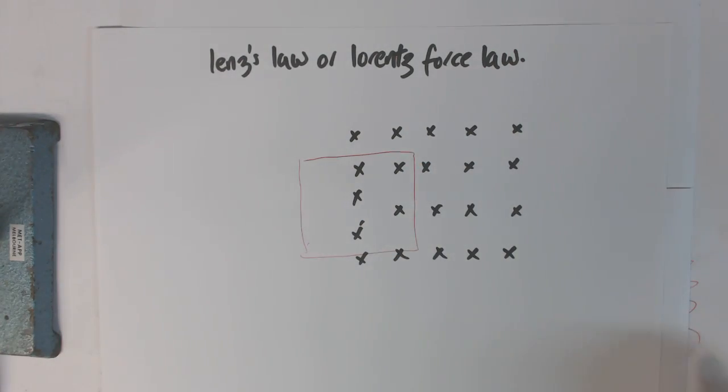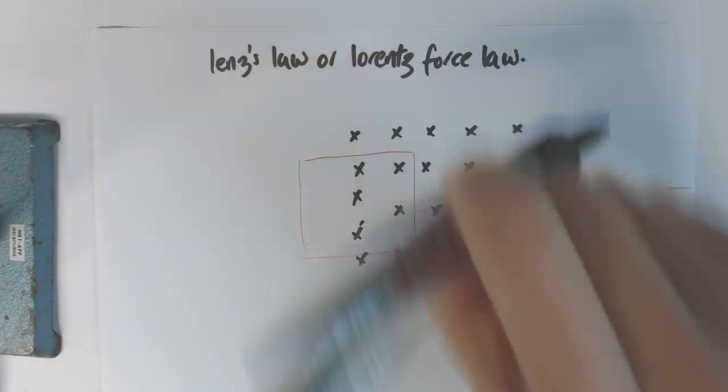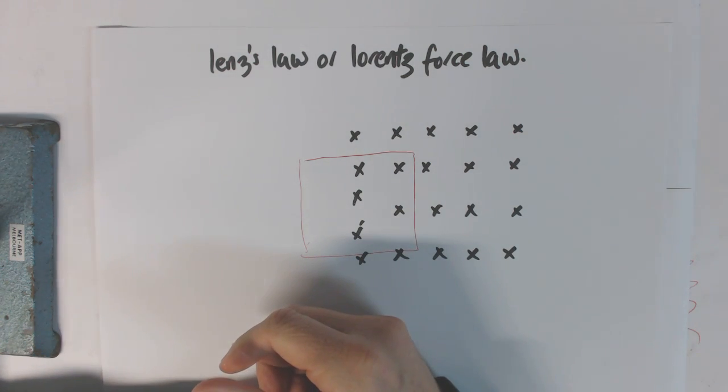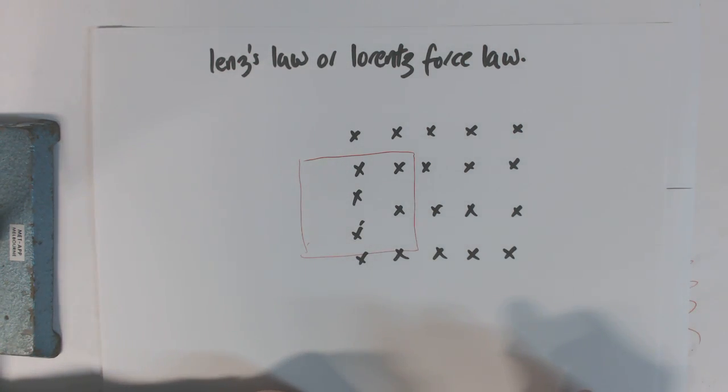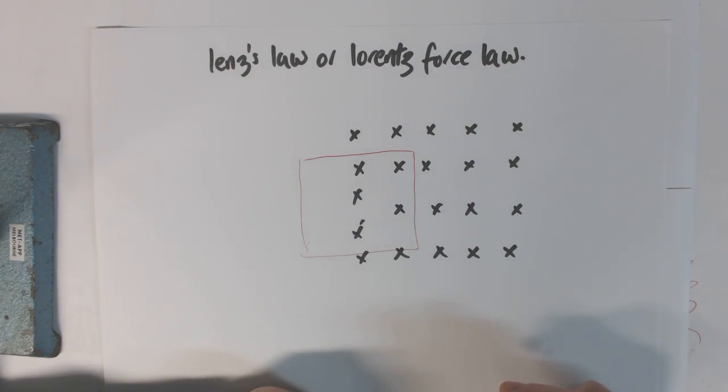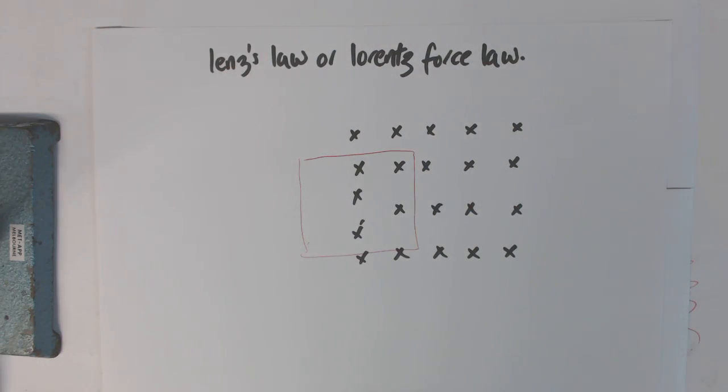We know the flux is changing, and we can use our right hand rule to go, okay, well, if the flux is increasing that way, then this loop is going to have an EMF produced in it, an electric field produced in it, which is going to produce a current flow, which is going to produce a magnetic field, which is going to oppose the change.